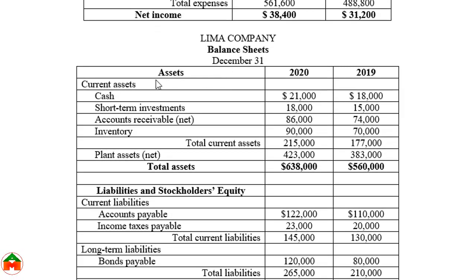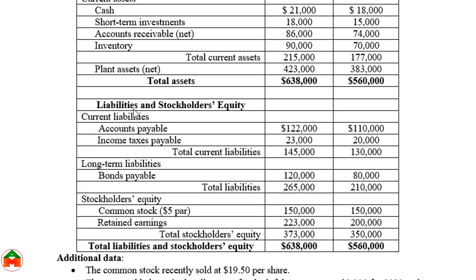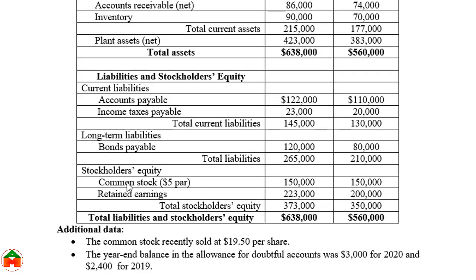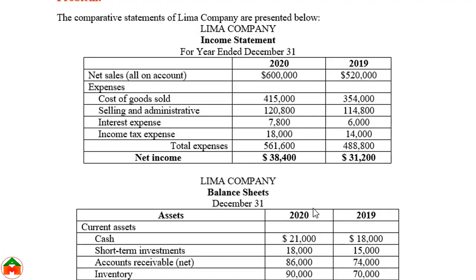In the balance sheet we can see the assets, current assets and long-term assets, and in the liabilities and stockholders' equity, the current liabilities, long-term liabilities, and stockholders' equity items, and the total liabilities and equity. From this information, we will calculate the current ratio.